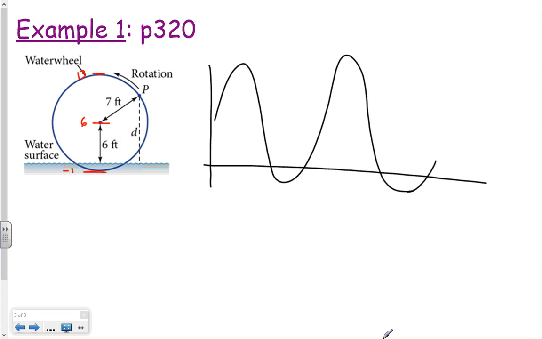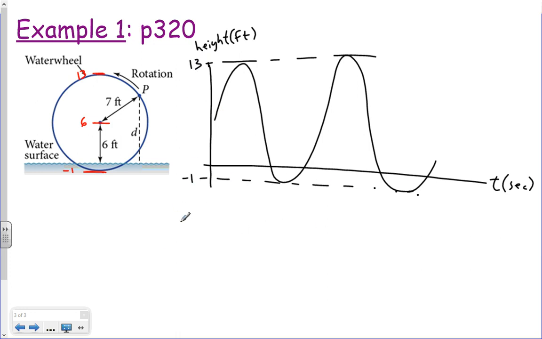This is our time t, which is in seconds, they said, and this is our depth, which is in feet, or height, I guess it is, in feet. All right, so we have an upper bound here of 13. We have a lower bound of -1. And we've got a sinusoidal axis right down the middle of this at 6.